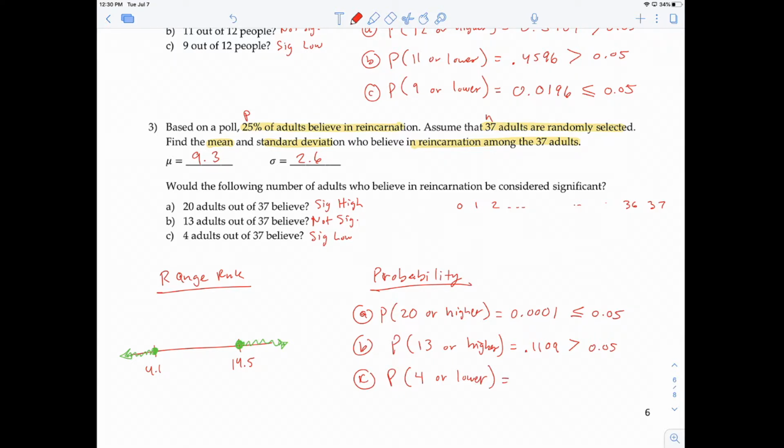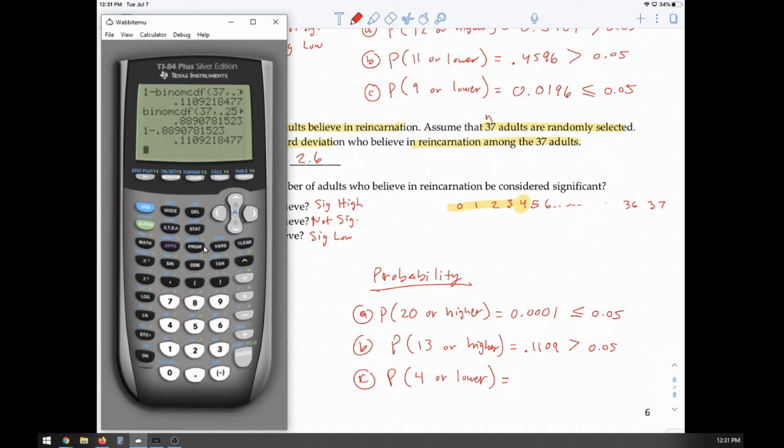So because we're trying to find the probability of 4 or lower, we do not need to do the 1 minus when we're using Binom CDF. Why is it that we don't need to? Let me show you why. So let's go to Binom CDF.